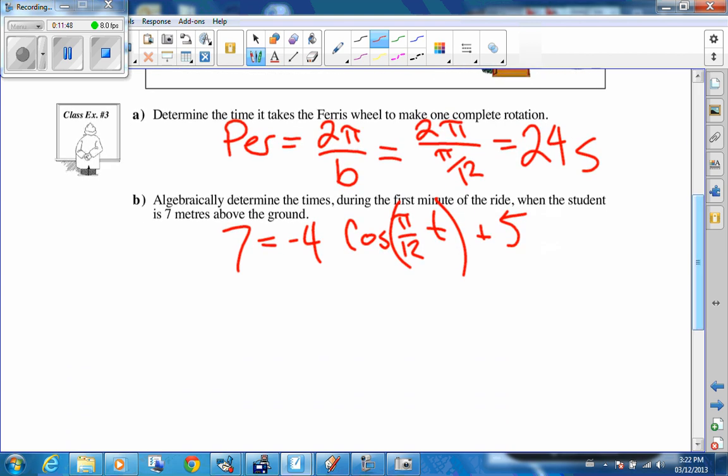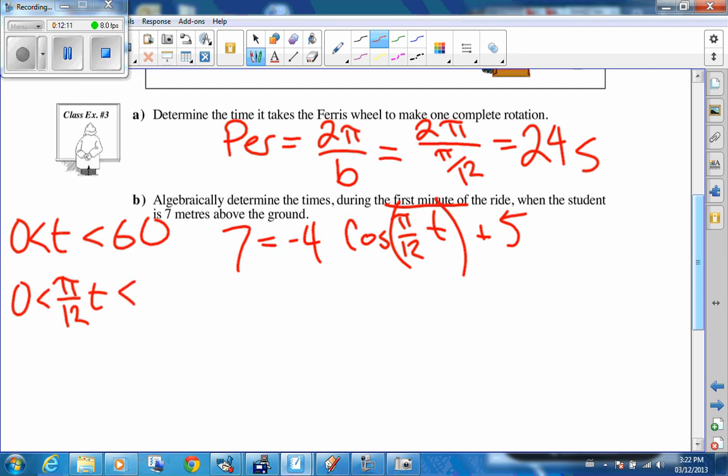And I want all of the times during the first minute. So I want all of my solutions t from 0 to 60. And on that same regard, then, I want pi twelfths t from 0 to 5 pi.